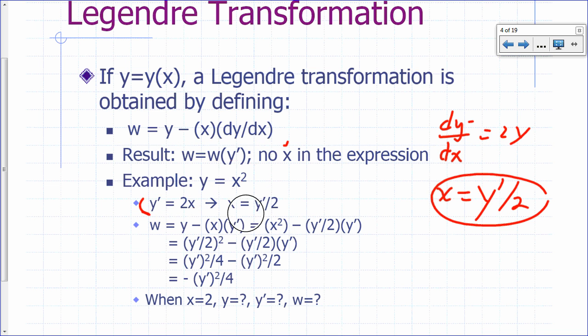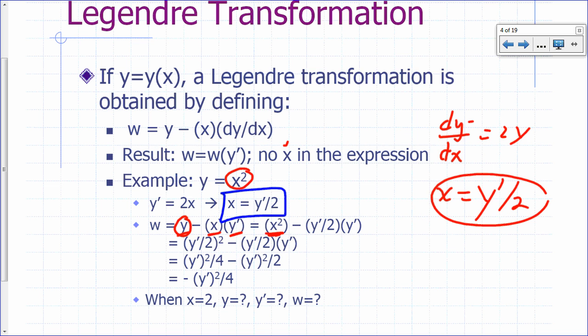Okay. Now, I'm going to define my w. w is y minus the variable you want to get rid of times the derivative of y with respect to that variable. Okay, so y minus x times y prime. But what is y in terms of x? y is just x squared.